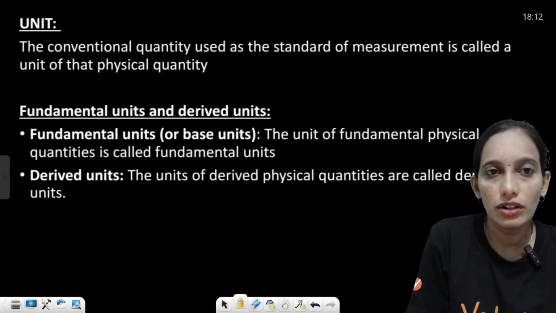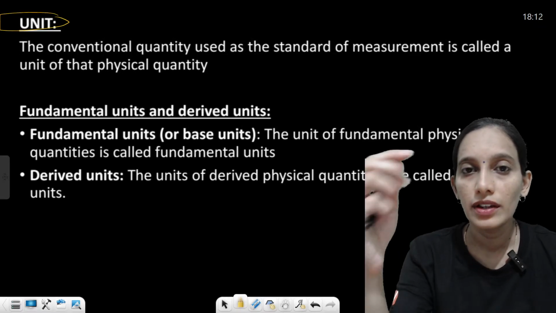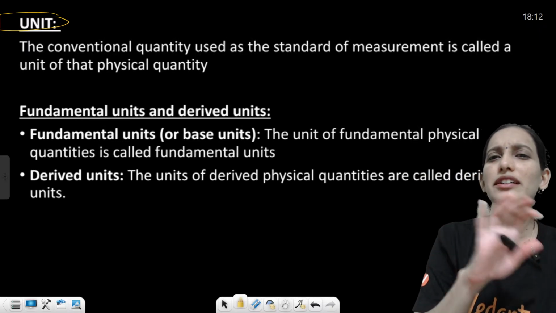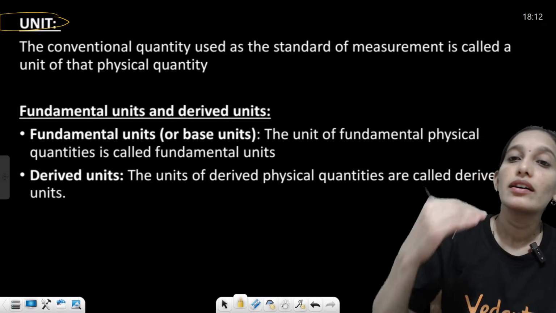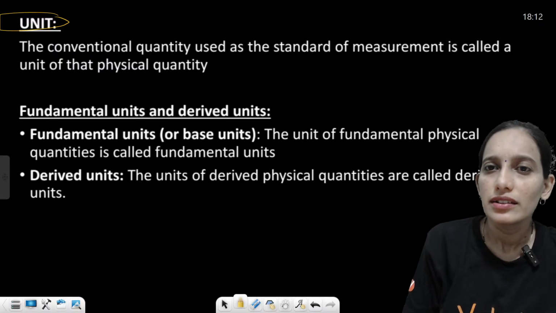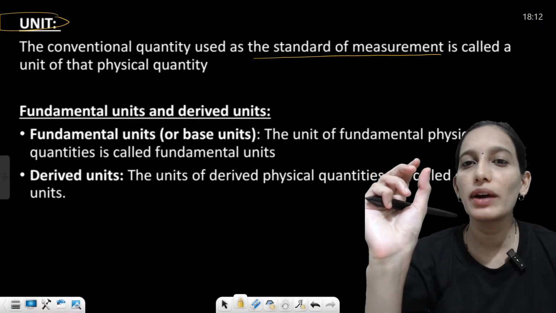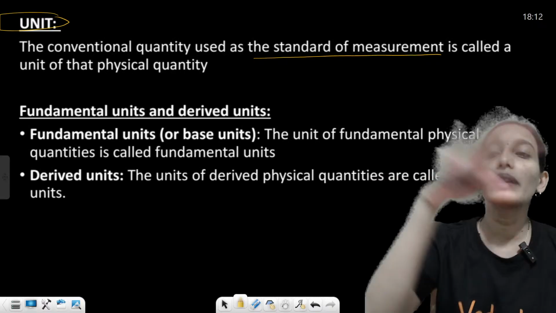So now coming to something called a unit. What is a unit? A unit is again a fundamental building block, which can be used to represent any measurement. It can be considered a standard measurement, the basic quantity that is used to measure some big amount.